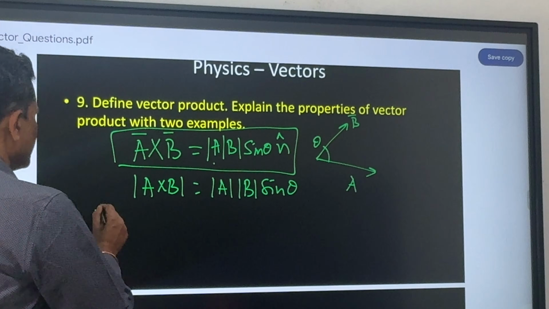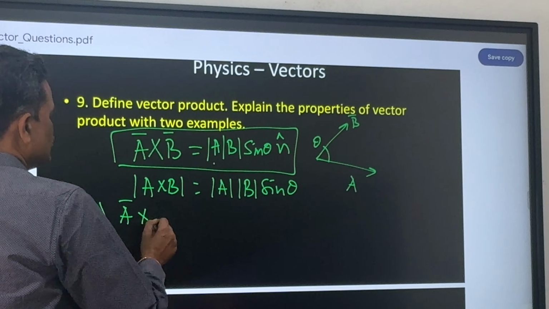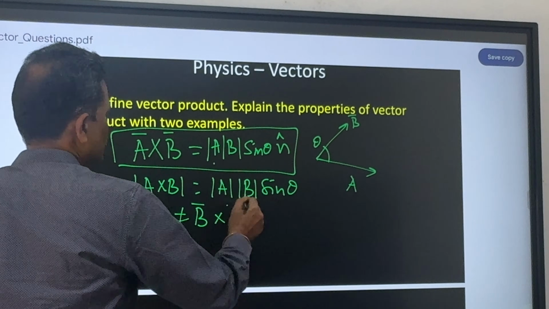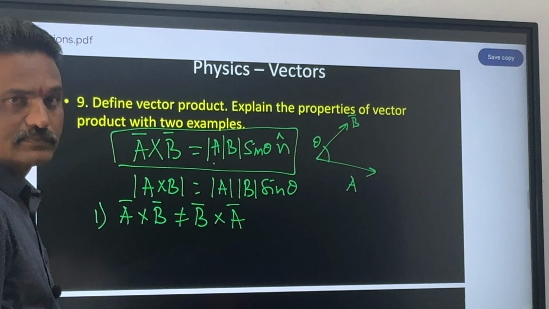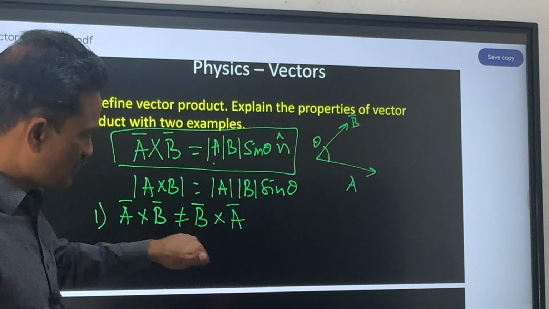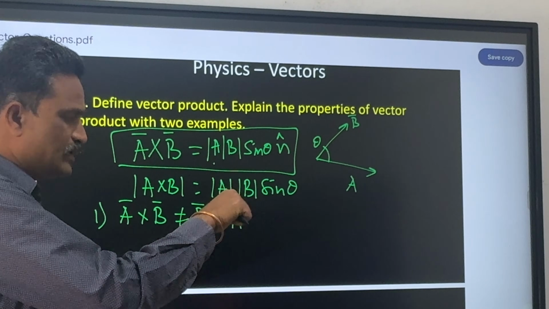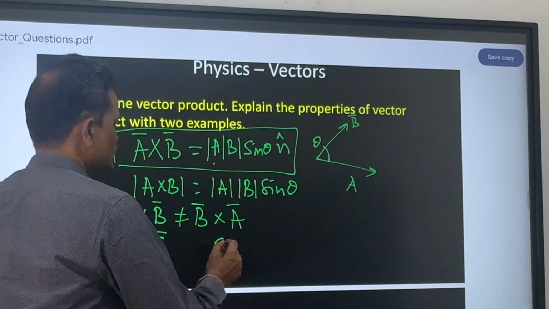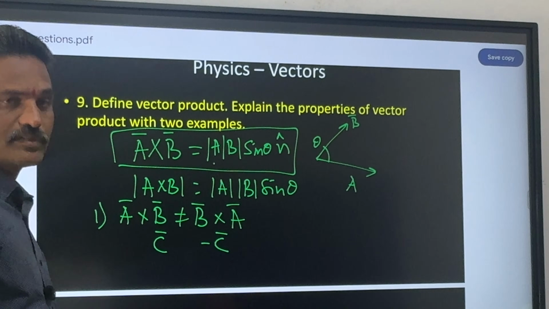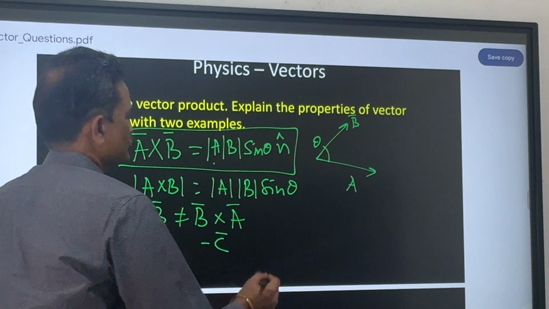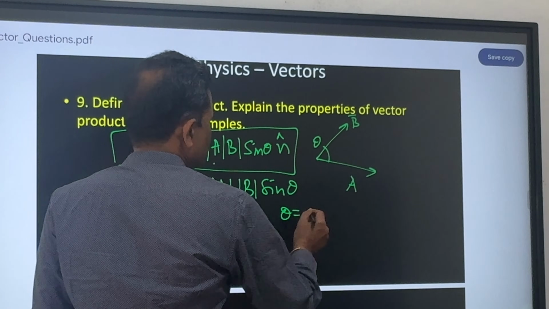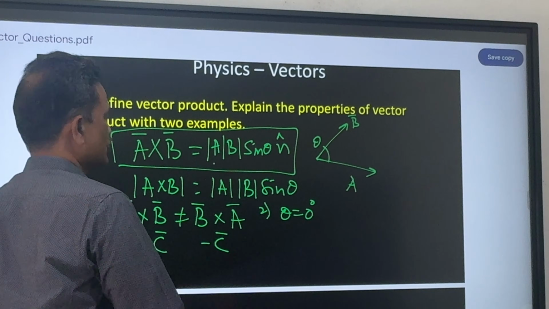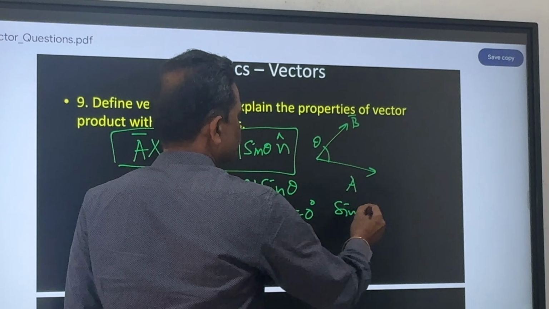The first property is A cross B is not equal to B cross A. If you write this, you will get 1 mark. So A cross B will be outwards, B cross A will be inwards. So if A cross B is equal to vector C, B cross A will be minus C, opposite to this one. Next, second one, when theta is equal to 0 degrees, sin 0 is 0.